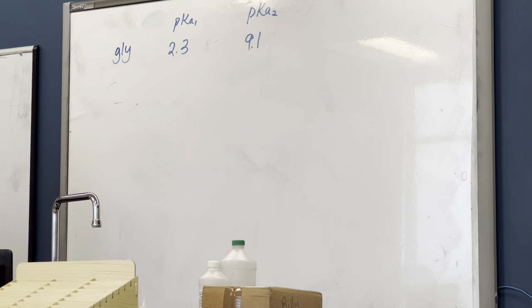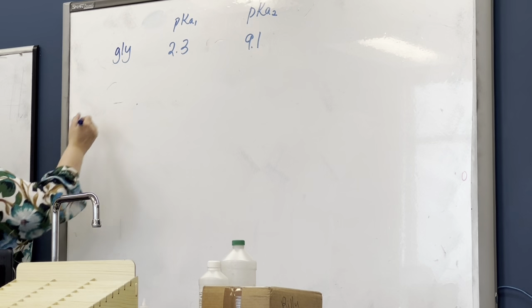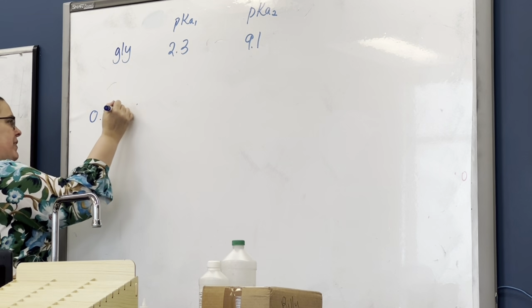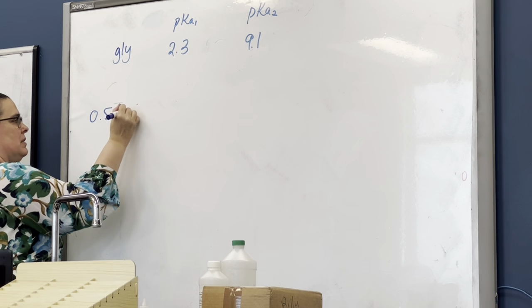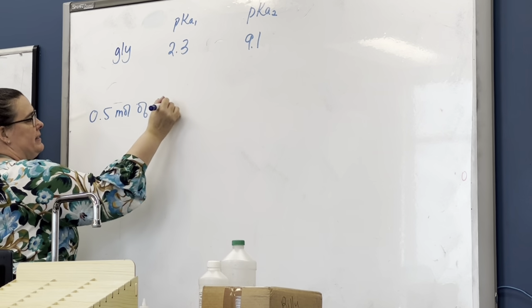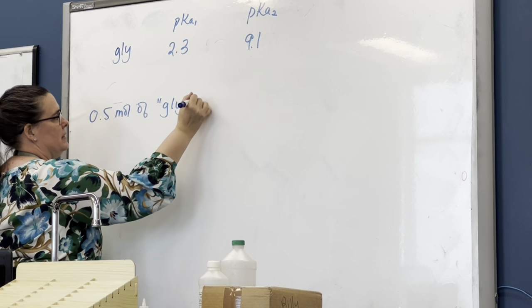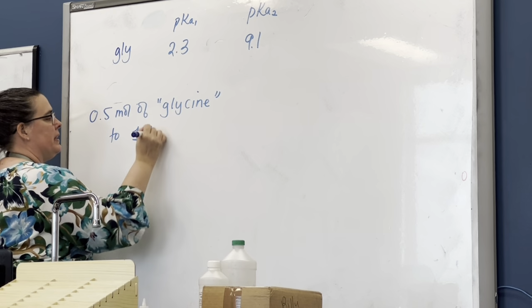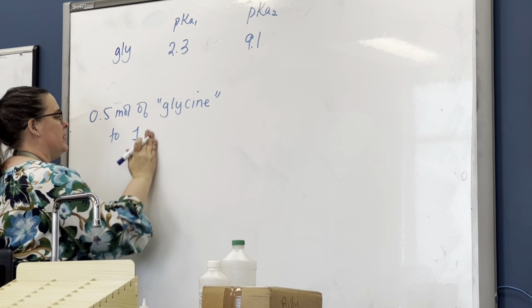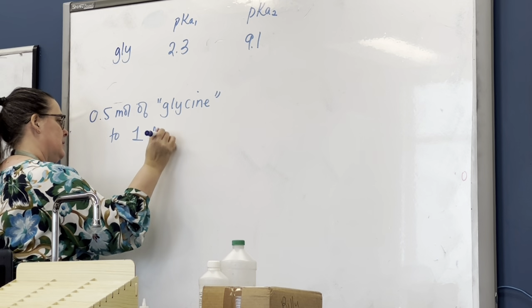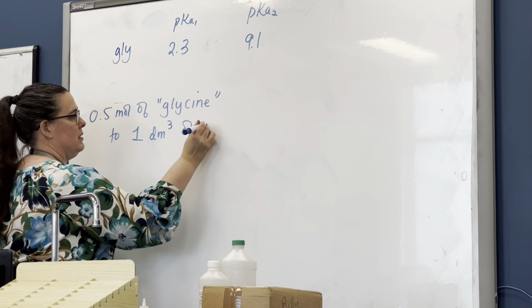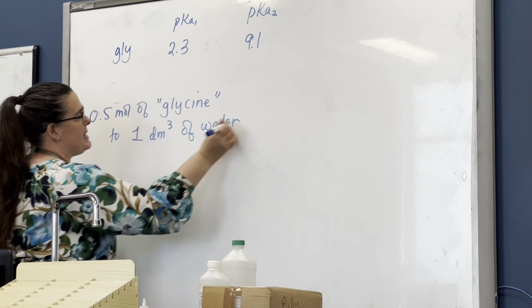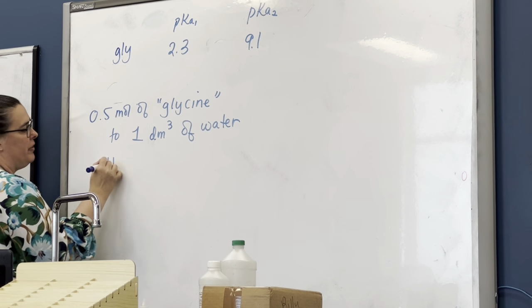I have a solution where I added 0.5 moles of glycine to 1 liter of water, 1 decimeter cubed of water. And I set the pH to 5.